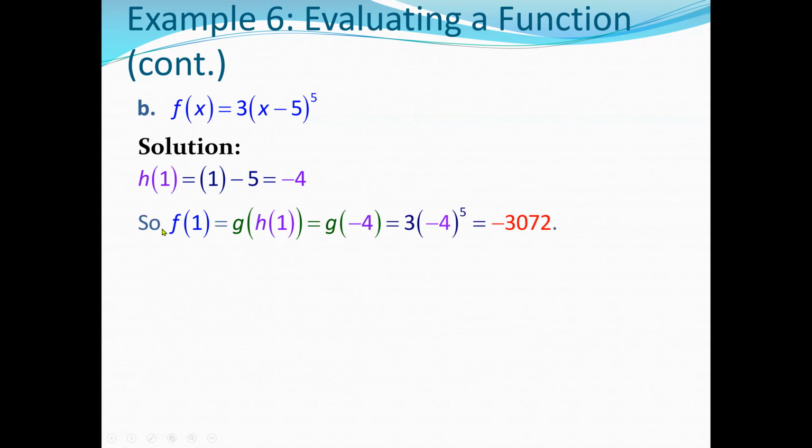Then we have f(x) equal to (3x - 5)^5. h(1) will be 3 times 1 minus 5, equal to negative 4, because x is 1. And f(1) equal to g(h(1)), which will give me g(-4), then negative 4 to the power 5, which is what we have here.